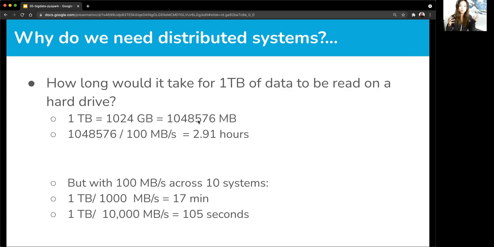Just by having more workers work on the same task, especially a task that is easily divided up, like reading something, or maybe just adding numbers together, it's much, much faster using distributed systems. And that's the overall concept of how big data is actually being transformed, being read, being used.